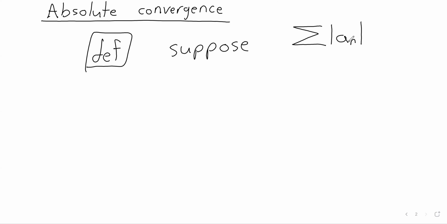But suppose that you take a series and you throw absolute value symbols around the terms of the series. And suppose with those absolute value symbols, this thing converges.